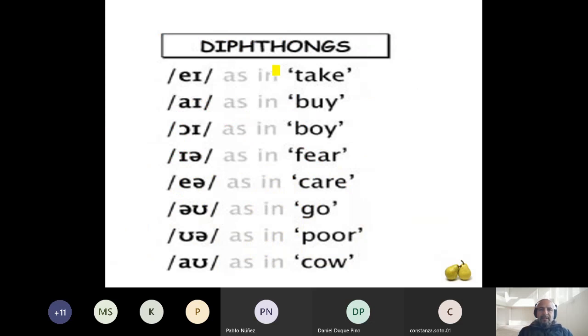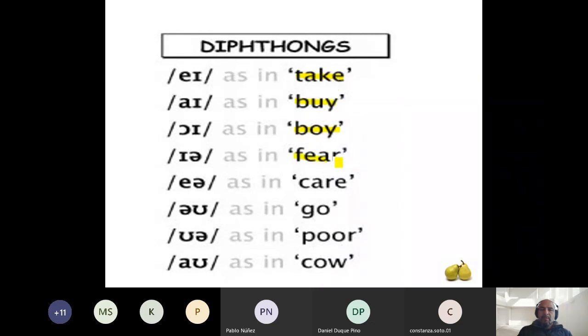We have more examples here. A as in take, I as in buy, O as in boy, ear as in fear, air as in care, O as in go, U as in poor, and ow as in cow. Another good way is to remember a couple of words.